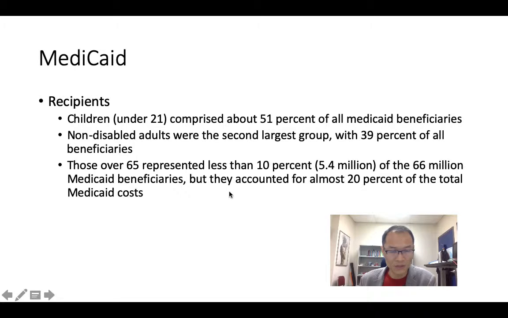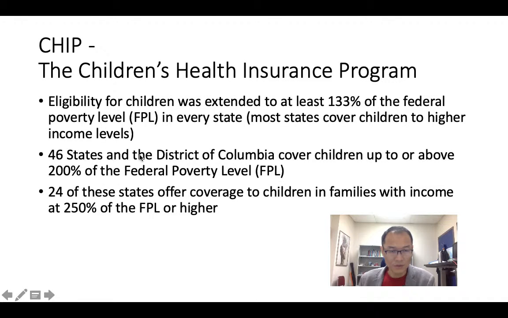Children are the largest group, 51%. This here is why children are the largest group, because we don't want children to live in poverty, and we don't want them to suffer.